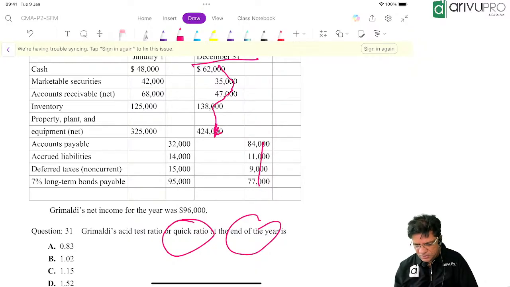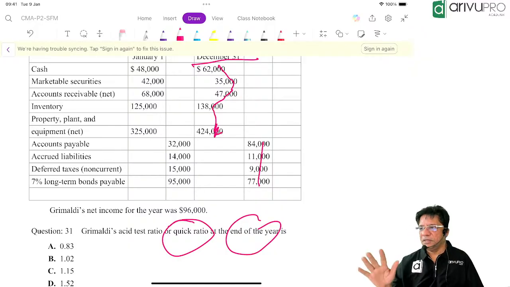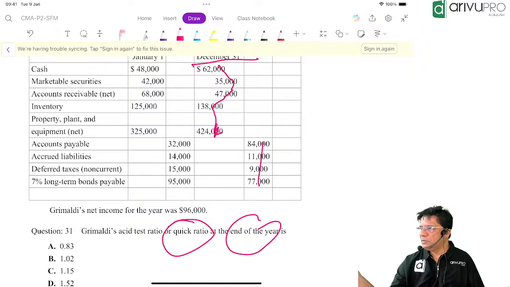Everyone agree? B, agree? B, 1.52. Got it?